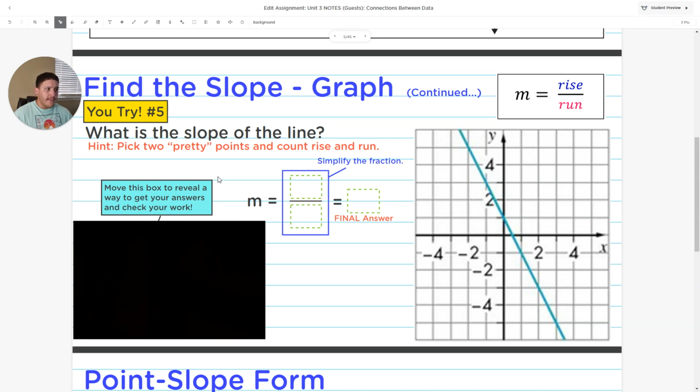You try number 5. What is the slope of this line? Now, the hint that I'm going to give y'all is you got to pick 2 pretty points and count rise over run. Now, pretty points are points that clearly go through a corner. So, the following is what I would consider, quote-unquote, pretty points.